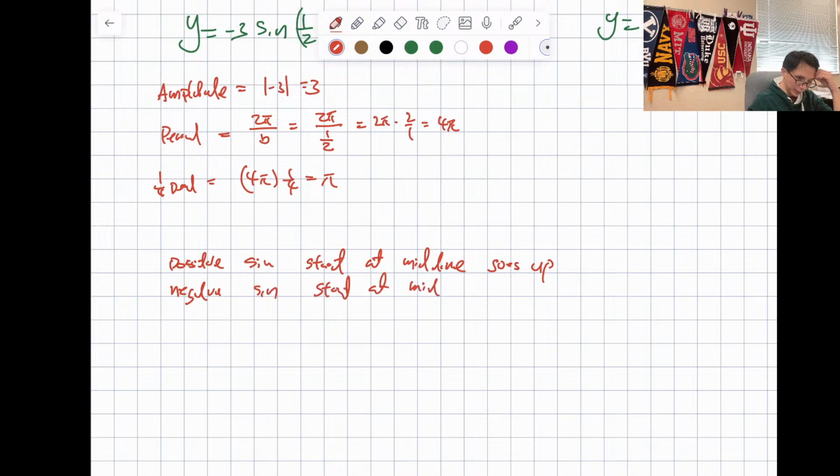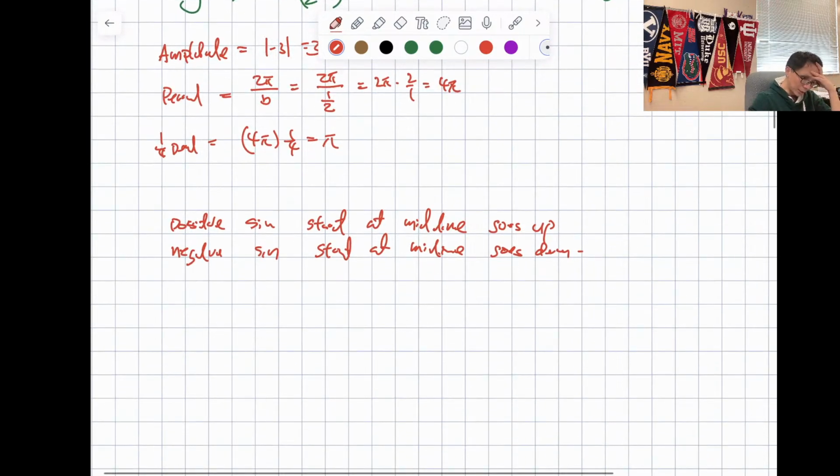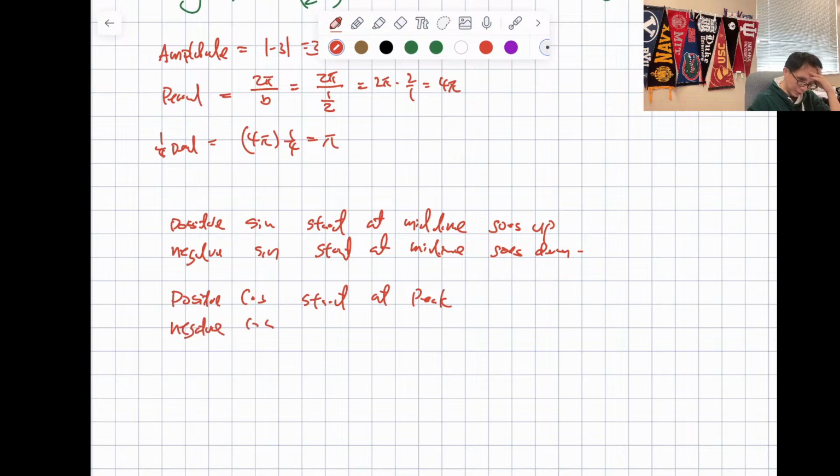So all the sines start at the midline. Is that okay? If it's a positive cosine, then start at the peak. And a negative cosine starts at the trough.